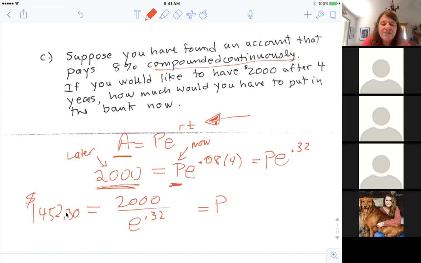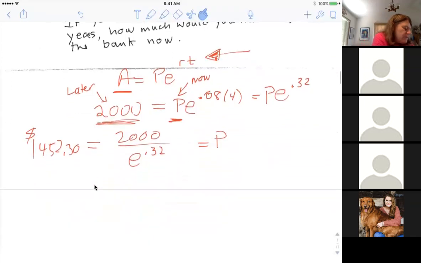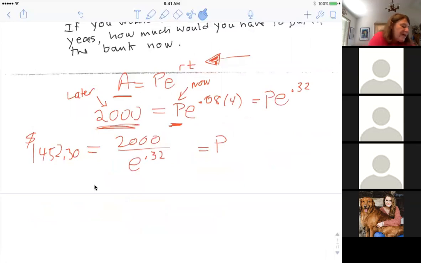So that's called a present value. What's the value of money in the future? How much money right now would be worth $2,000 four years from now at 8% interest? If you wanted a formula for that, I could isolate P in the generic formula.